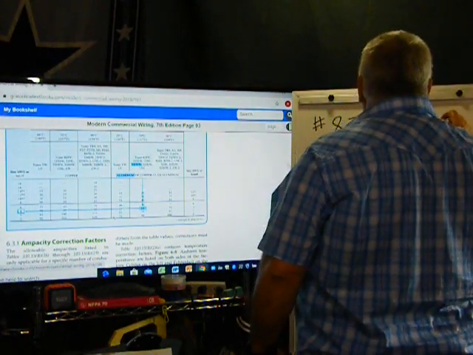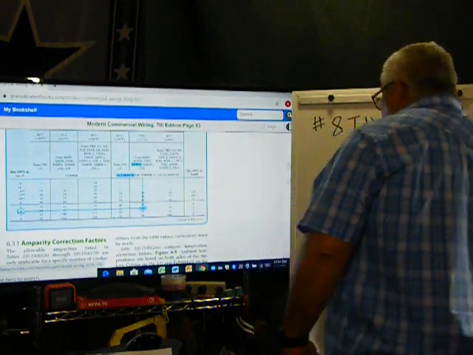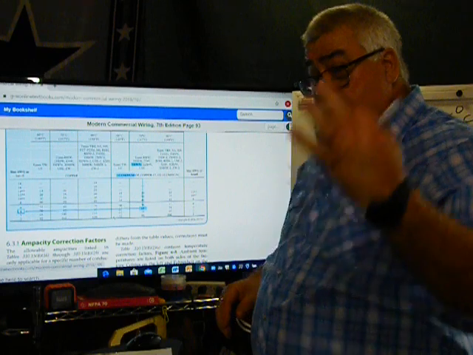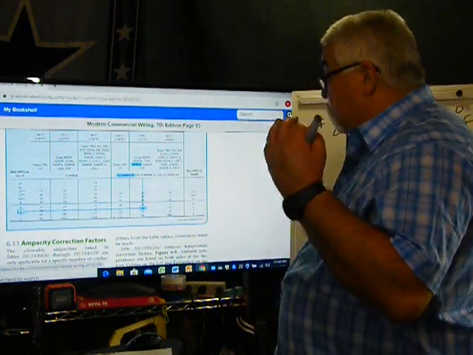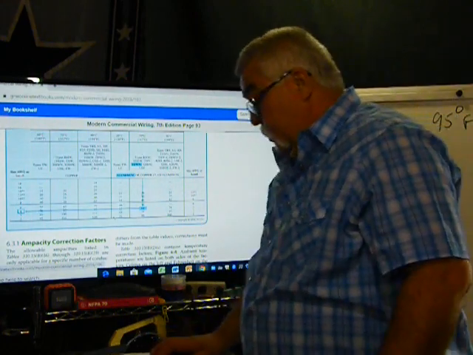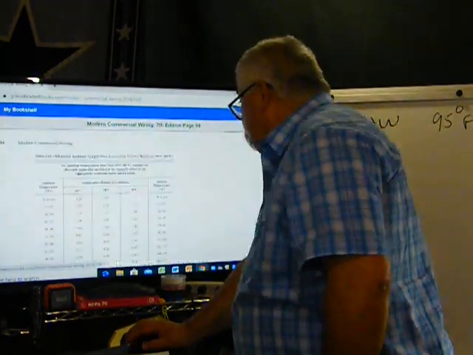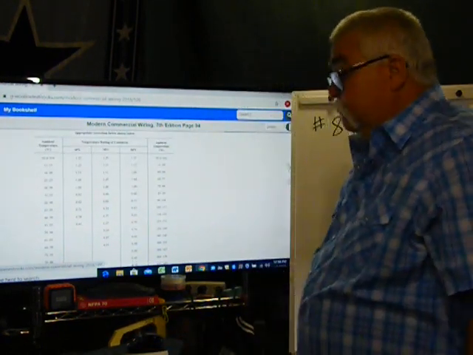I'm putting it in a 95-degree Fahrenheit area. This ampacity is for three current carrying conductors in a raceway. If I get more, I also have to do adjustments. First I'm going to do the correction factor for temperature.